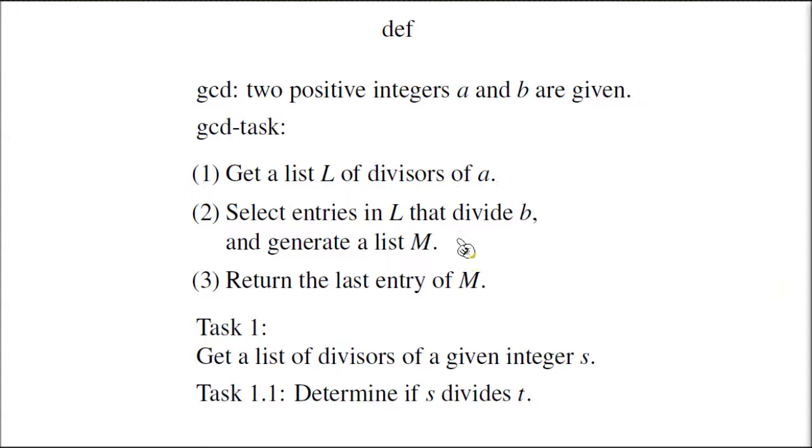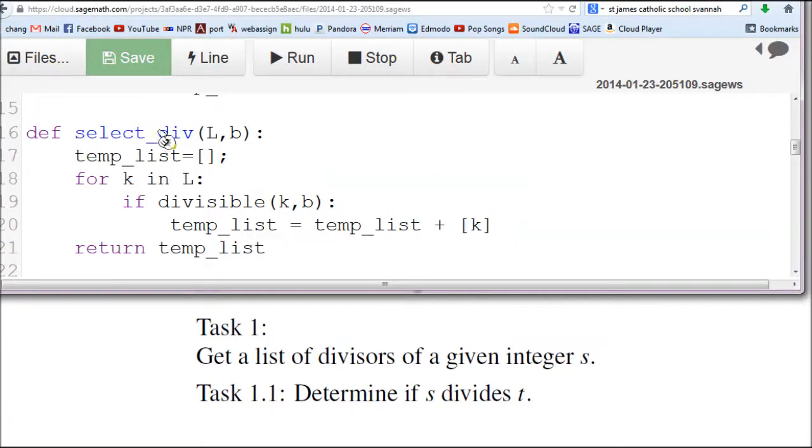The next task is here. A list is given, and then a second number is given. We have to come up with a sublist of that under that criteria. So I named it select a divisor. One of the inputs is a list, and the other one is a number. Again, I'm creating an empty list, and we're going to collect the numbers inside that list. So I'm going through all the numbers in this list. It's a very convenient command in Sage.